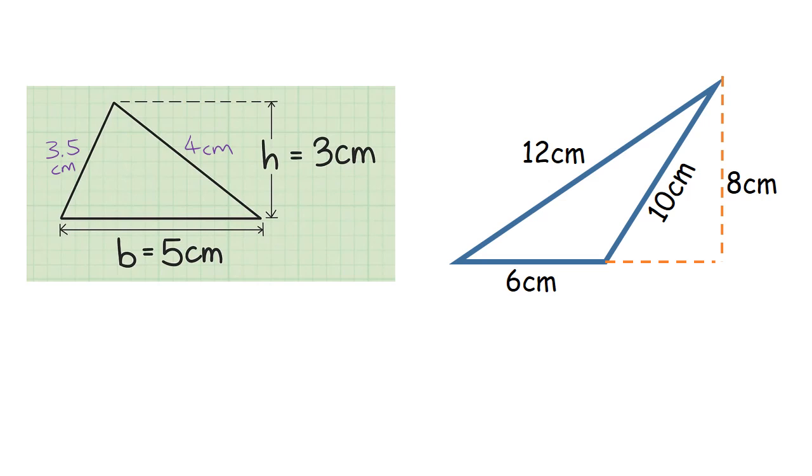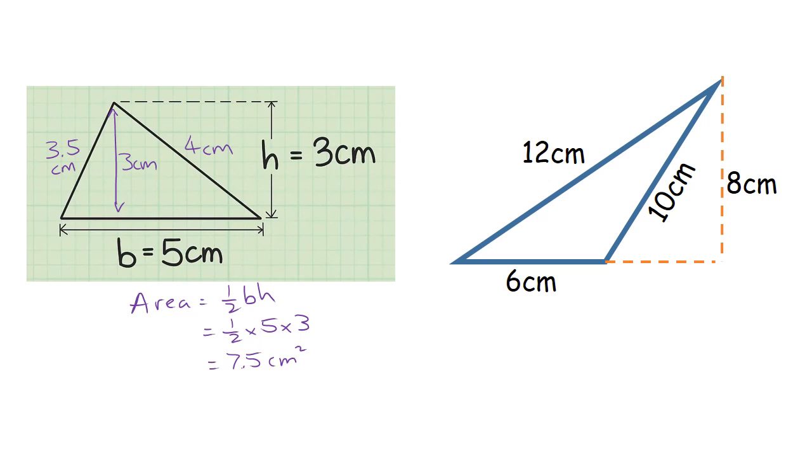I'm used to seeing it in here, but that is 3. They can put it inside or outside. So area equals half base times height. Now this one, this isn't really that friendly. So you could do 2.5 times 3, well, that's 7.5. Or you could do half of 15, probably easier to do it that way.